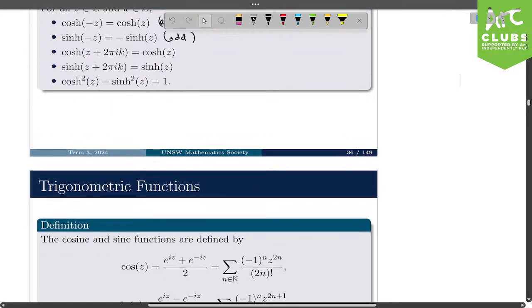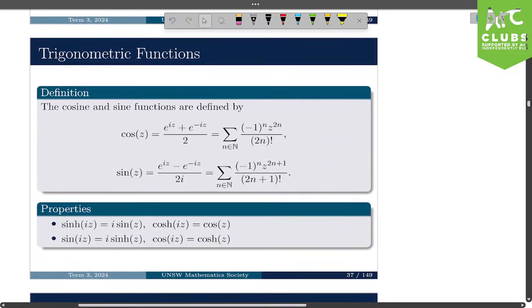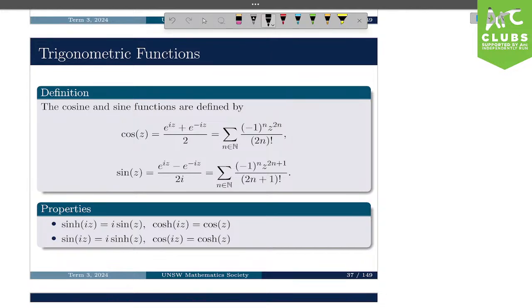And speaking of trigonometric functions, we can also use the exponential function to define them, right? Here, we're using the fact that the real component of e to the I z is cosine of z, and the imaginary component of e to the I z is sine of z, right?